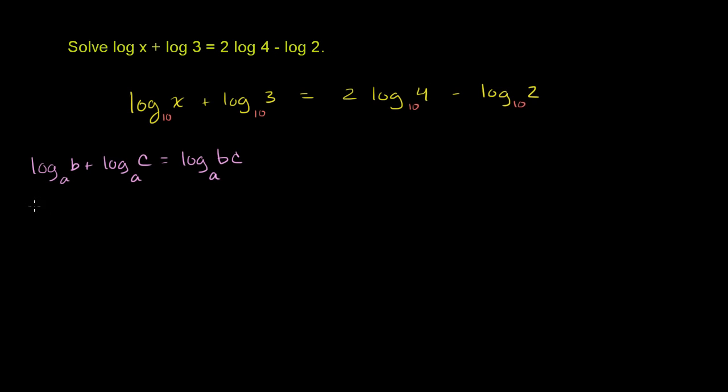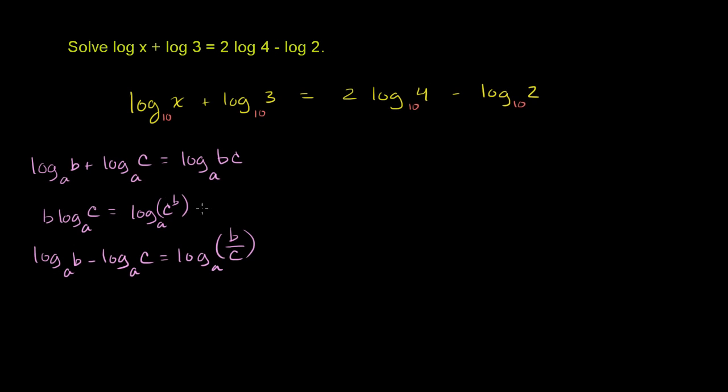If I have b times the log base a of c, this is equal to log base a of c to the b power. And we also know, and this is derived really straight from both of these, that if I have log base a of b minus log base a of c, this is equal to the log base a of b over c. And this is derived straight from these two right over here.